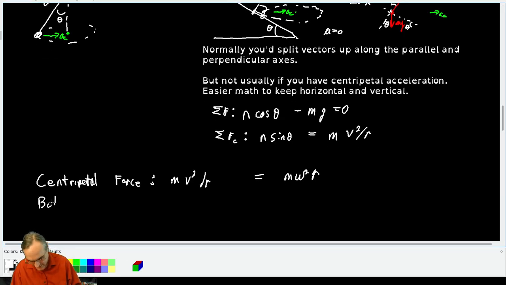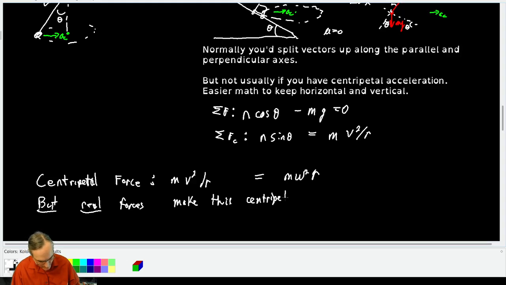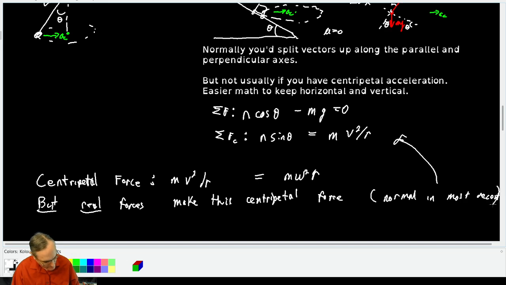But real forces make this centripetal force. And in this most recent example, that would be the normal.